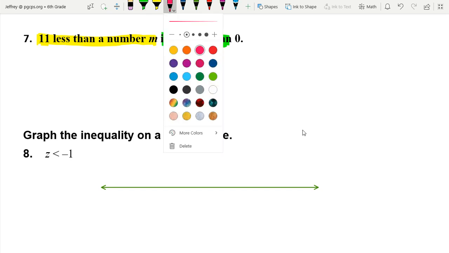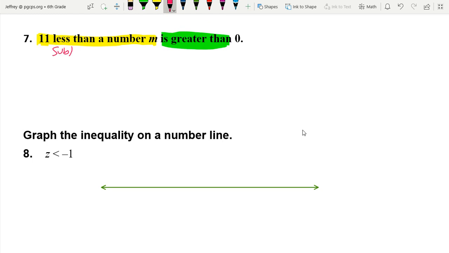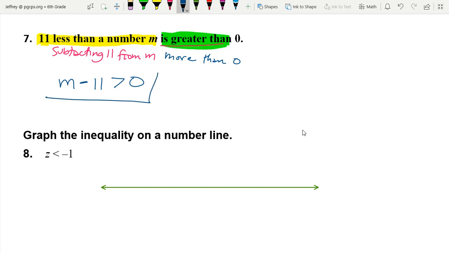That means we are subtracting 11 from m, then is greater than, that means it's more than 0. So we're subtracting 11 from m, which results in more than 0, so is greater than 0. So this is our statement.